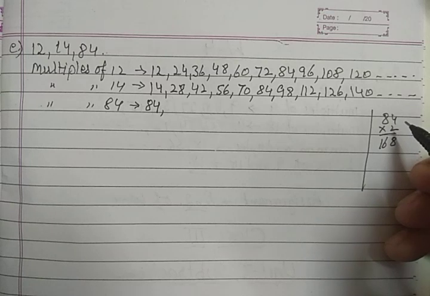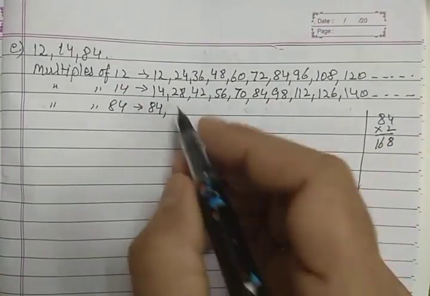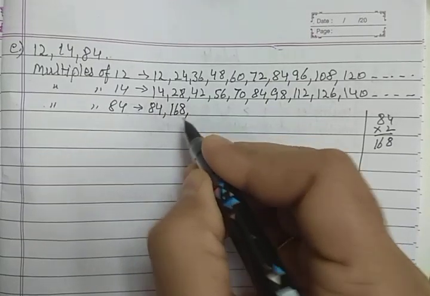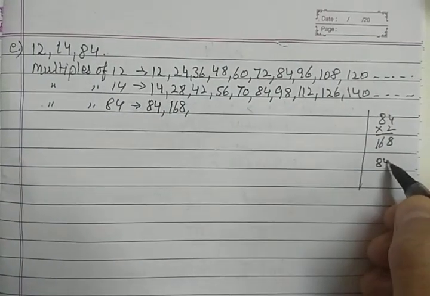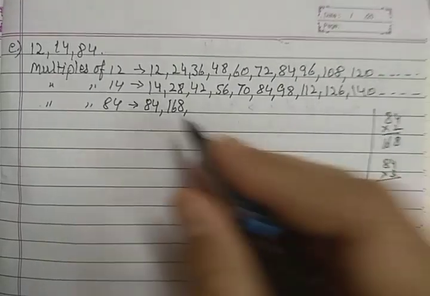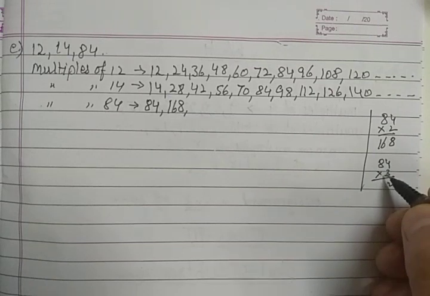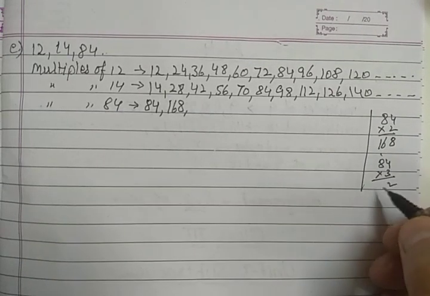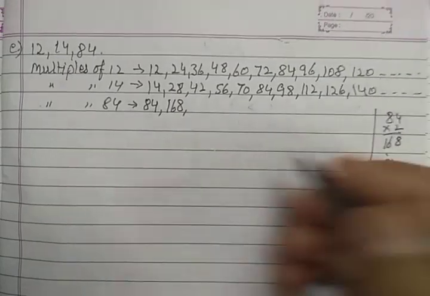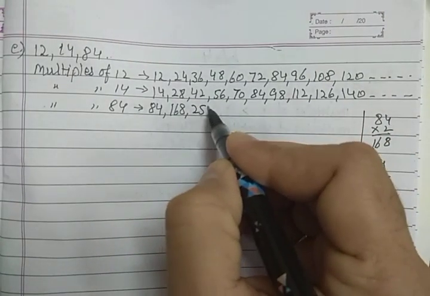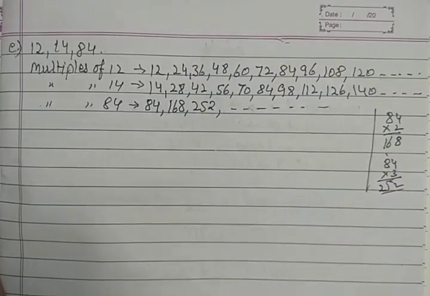So the second multiple of 84 is 168. Similarly, 84 threes are, multiply it by 3, you will get the third multiple of 84. So that is 3 fours are 12 and 3 eights are 24 plus 1, 25. So 252 is the third multiple. So in this way you can find the multiples of tables that you don't know.